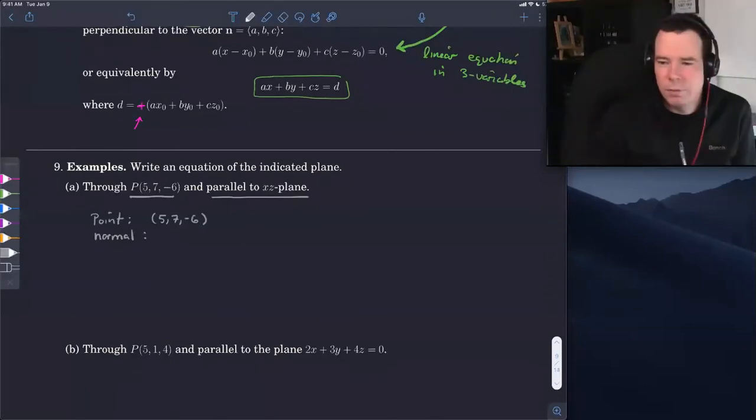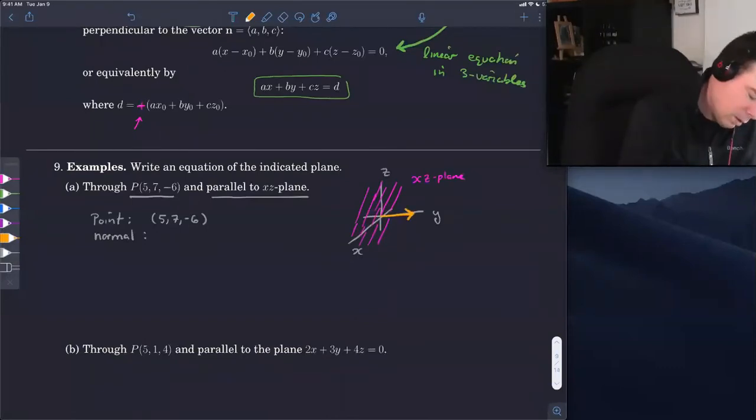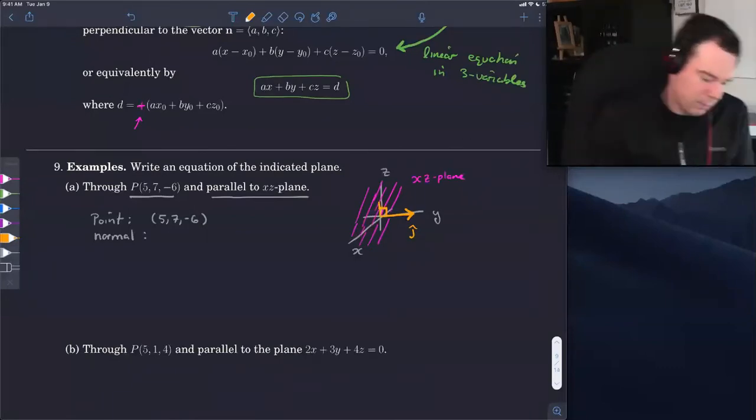Do we know a normal vector to the plane? Well, the plane is parallel to the XZ plane. So there's X, there's Z, here's Y. The XZ plane is this plane here. So that's our XZ plane. And it has a normal vector that points in the J hat direction. So that's the normal to that XZ plane.